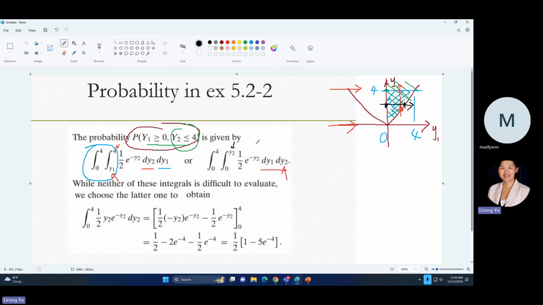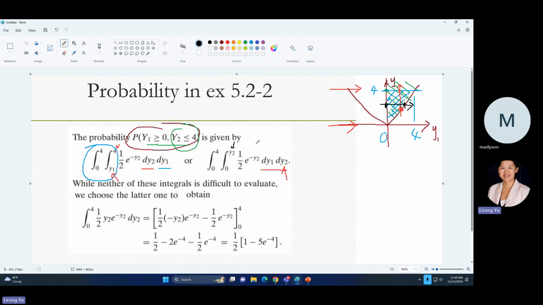You integrate 1/2 times e to the negative y2 over -1, evaluate at 4 and at y1, and your answer will be an exponential function of y1, and you integrate 0 to 4 dy1. I think the first one would be slightly easier to integrate.